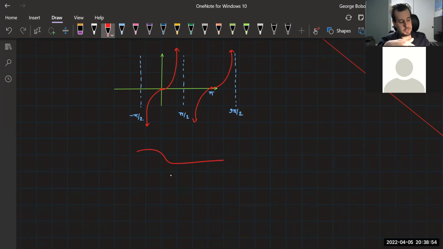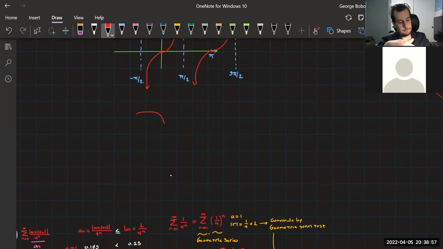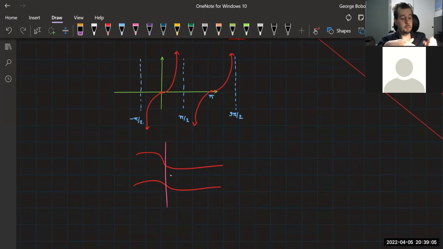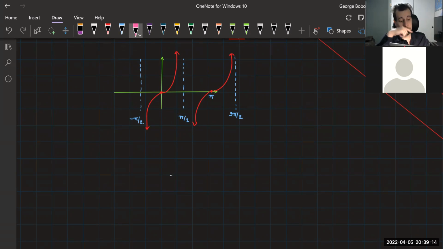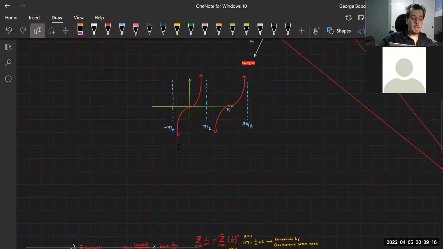The curves would look something like this. I can't draw them really, but they would fail the vertical line test if you took all of them and inverted them. So why not invert one of them? Because that will not fail the vertical line test when we take the inverse. So why not take this branch over here?